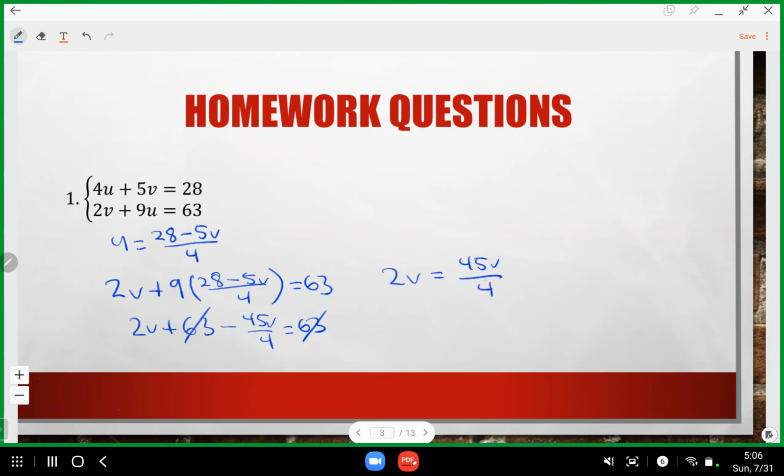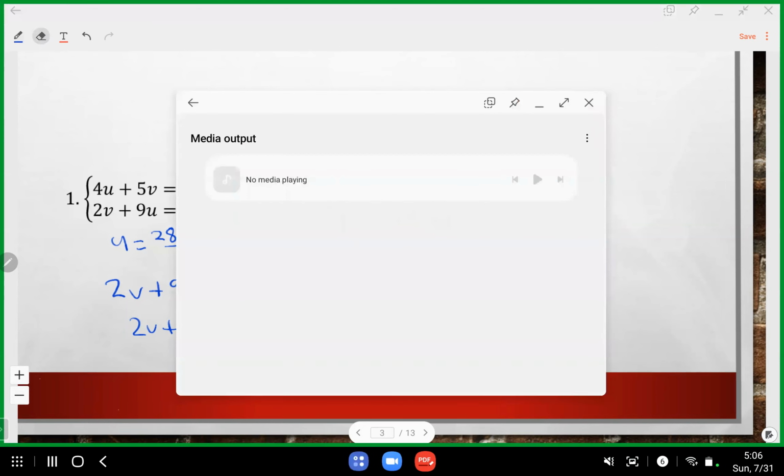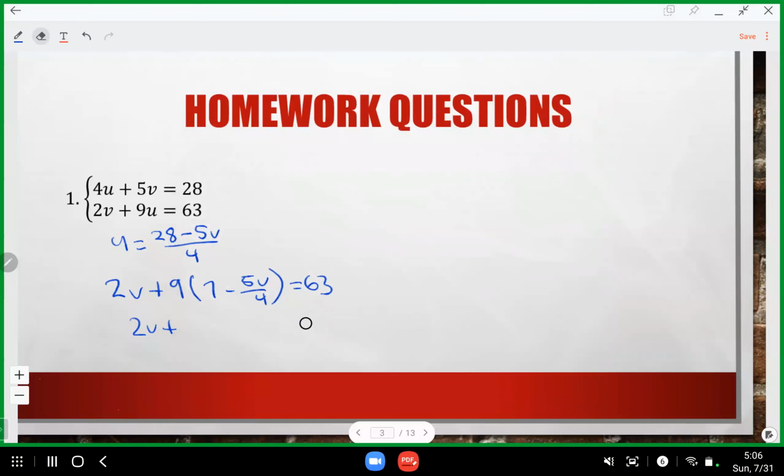Hold up a second. Could you compute this for me again? Let me write it your way. 7 minus 5V over 4, right? Plus 63, and then minus 45V over 4 equals 63. This 63 cancels out, right? Yeah, which means that 2V minus 45V over 4 is 0.